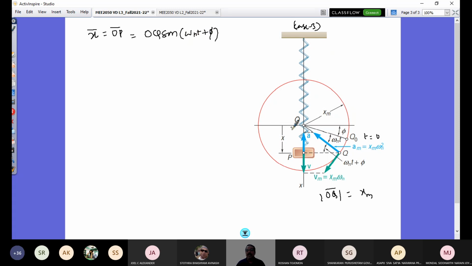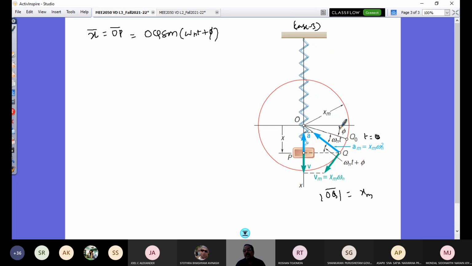Look at this, very interesting. This angle here is omega nt plus phi. So when t is equal to 0, what is that angle? OQ sine phi. So OQ sine phi would be here. That is what Q naught refers to. At any time t, I would have my expression OQ sine omega nt plus phi.